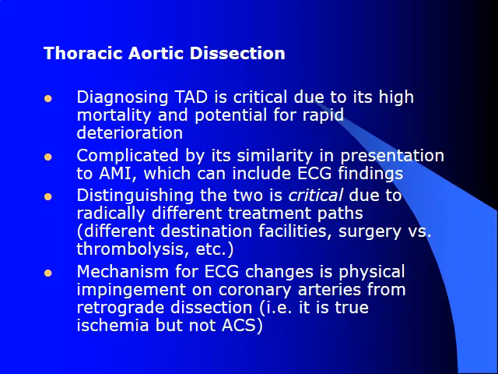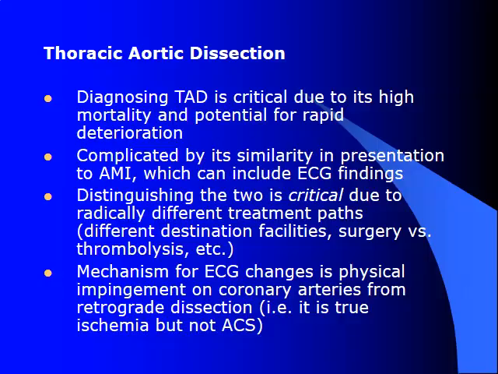All right, we'll talk about thoracic aortic dissections here. Diagnosing a thoracic dissection is very critical due to its high mortality and the potential for rapid deterioration. Generally, it can be complicated by its similarity in presentation to an AMI, including the ECG findings. Distinguishing these two is very critical due to very, very different treatment paths.